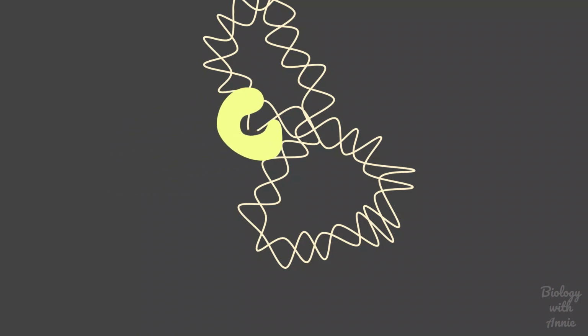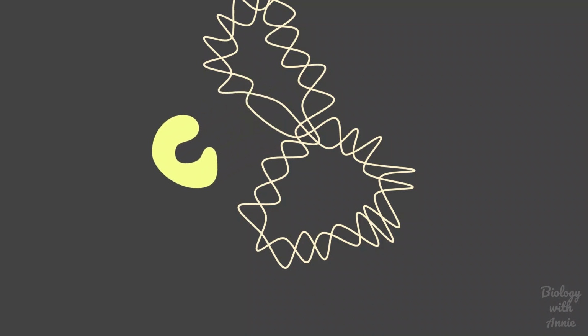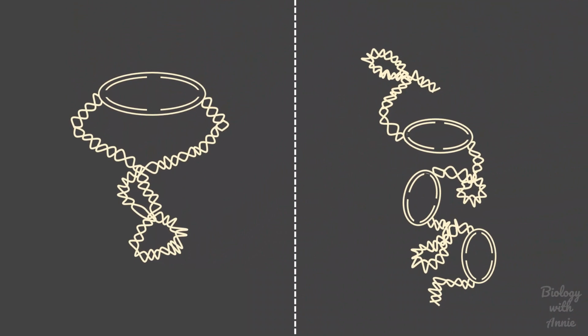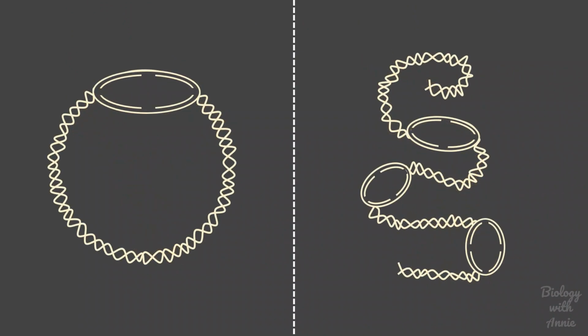The other strand is then passed through the opening in the cleaved strand, effectively untwisting the DNA and reducing the supercoiling. Next, topoisomerase religates the broken phosphodiester bond and releases the DNA. This process is repeated multiple times to allow the DNA molecule to return to its relaxed state so that the replication fork can move forward.